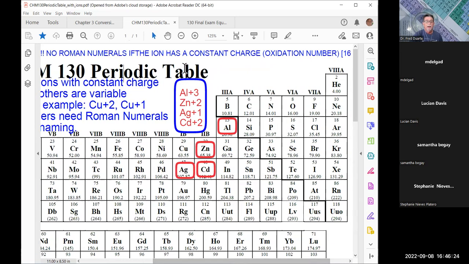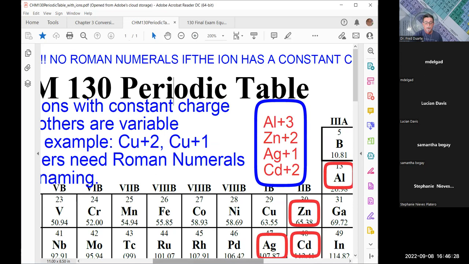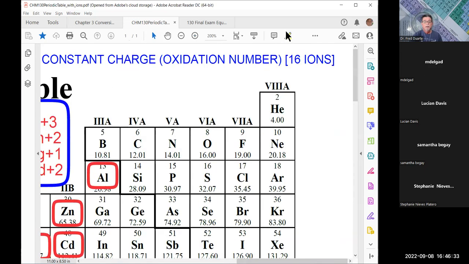Let me zoom in a little bit. Let's just take carbon. We have carbon right here. We have a number on top of the symbol. The symbol for carbon is C. Okay, the number below the symbol is the atomic weight.